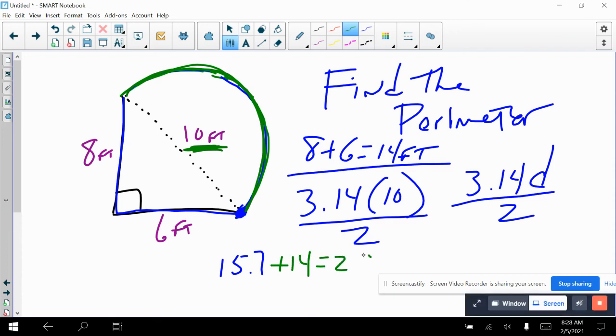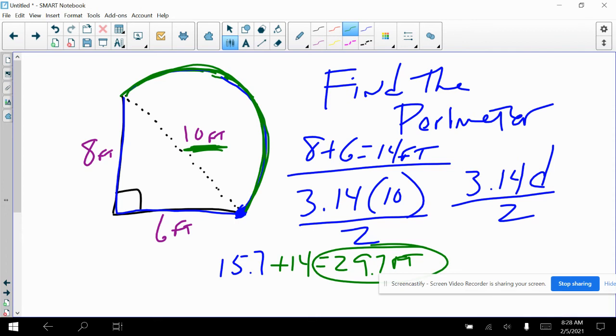That is correct. 29 and 7/10 feet. Very good. All right. Everybody good? Last one.